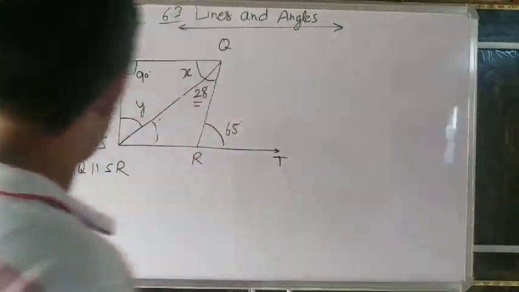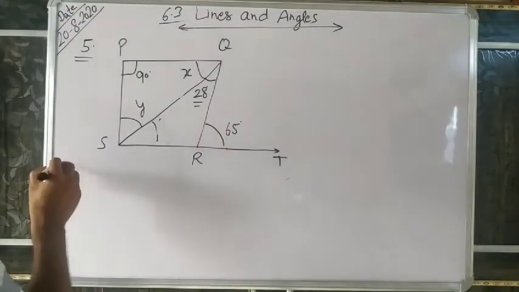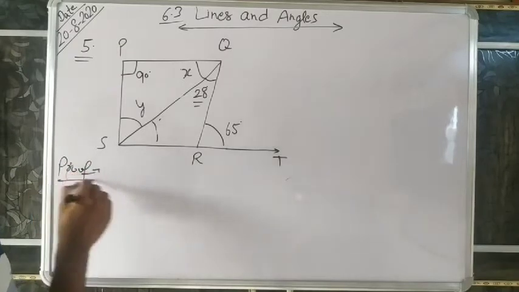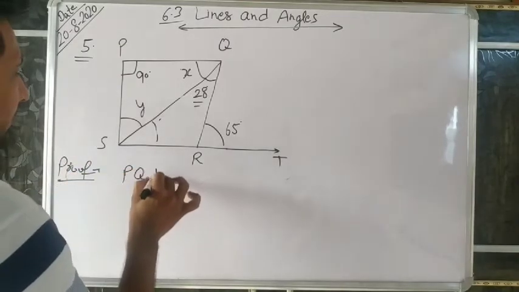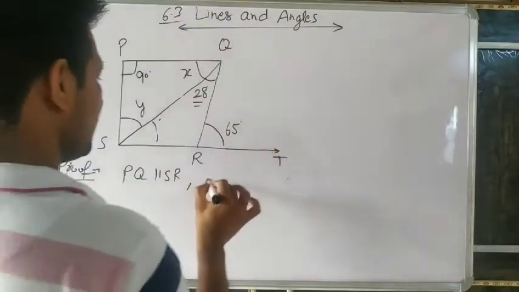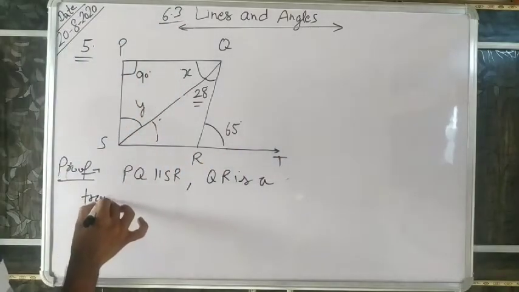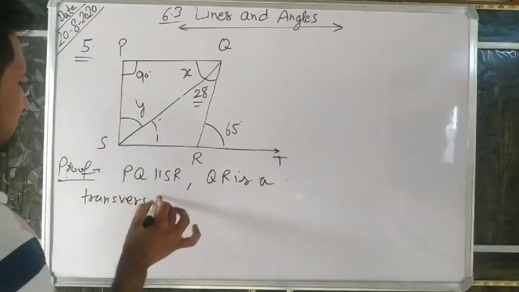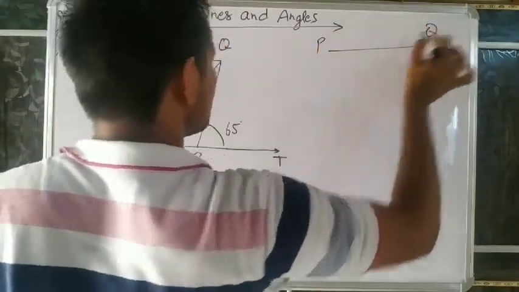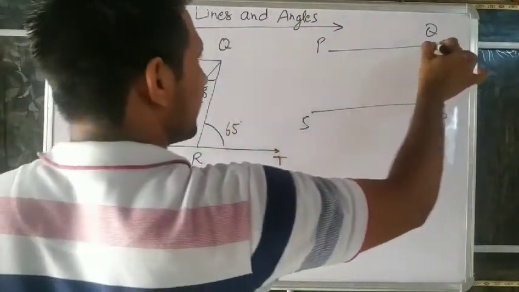So which one to write? Proof. PQ is parallel to SR, and QR is a transversal line.